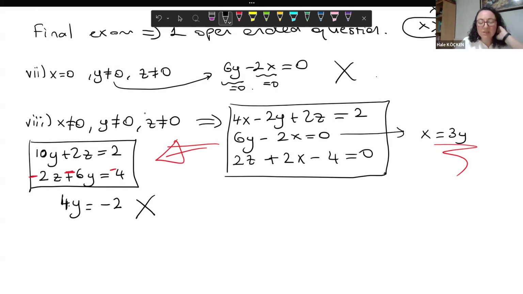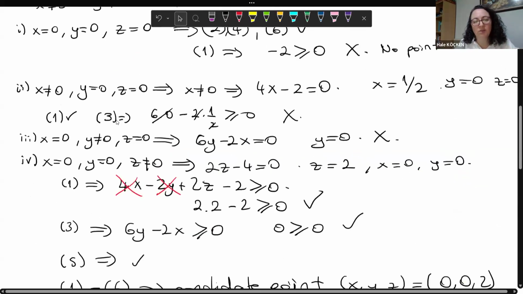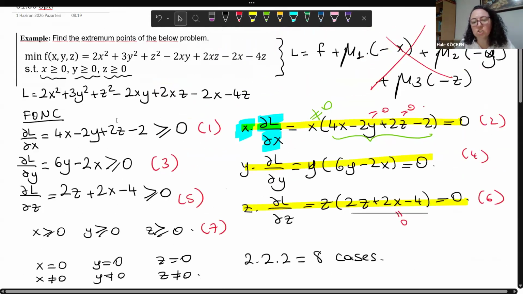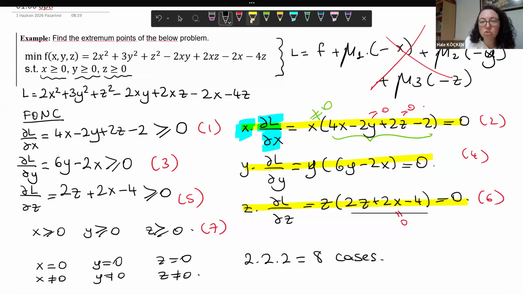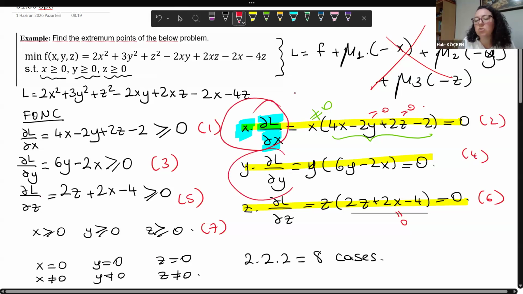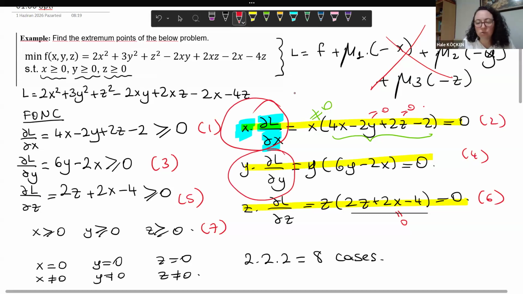So anyway, what we did here is, again, we write the first order necessary conditions. We will find some candidate points that satisfy 1 to 7. To do this, we focus on, like we did in the previous tasks, complementary constraints that are equal to 0 or not. Of course, you don't have to do this analysis.